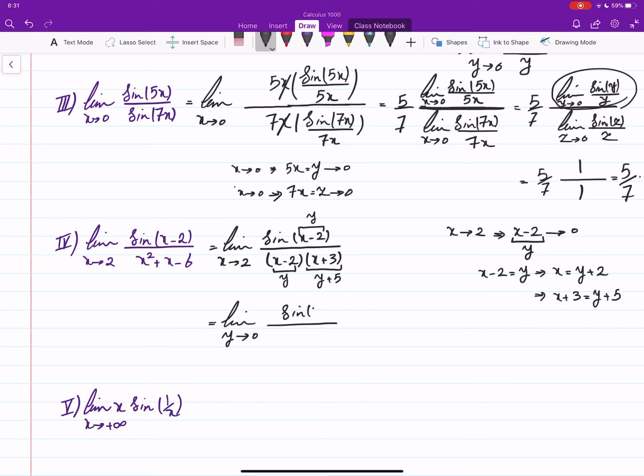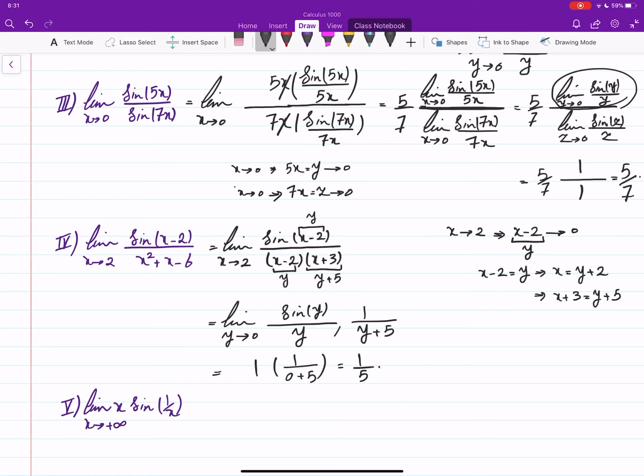Sine of y over y, and then there's another piece, 1 over y plus 5. The limit of this first piece is 1, and the limit of the second piece is 1 over 0 plus 5. And that will give us 1 over 5.